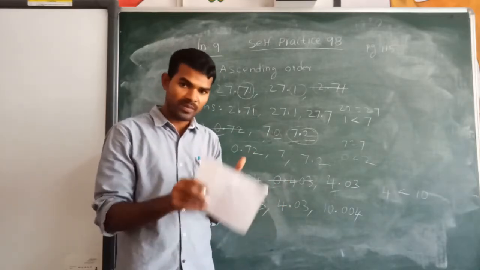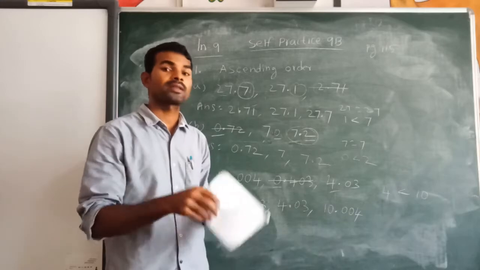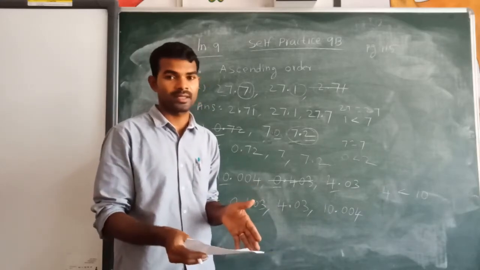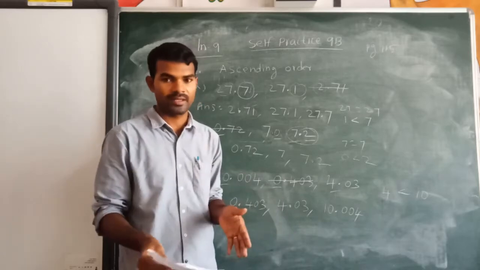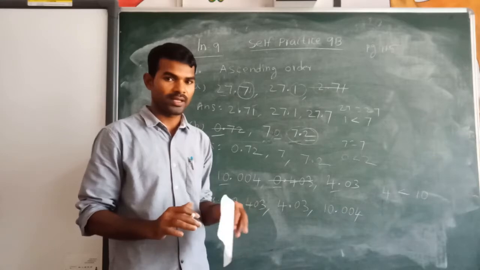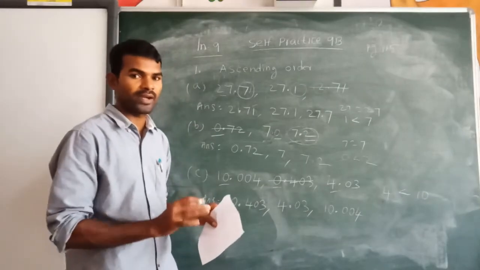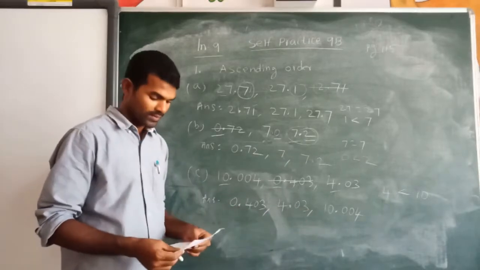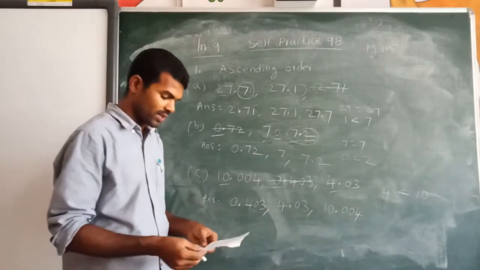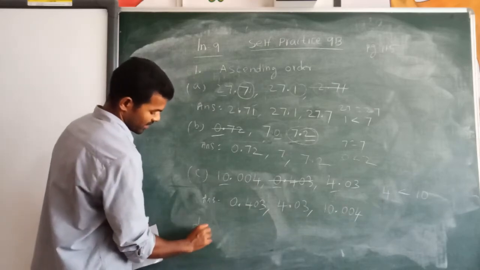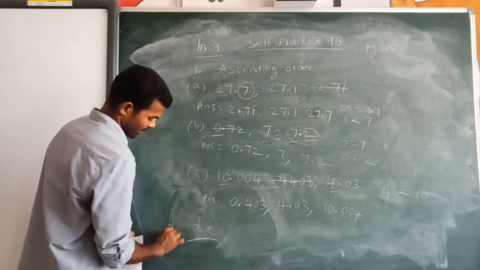Even if the first place is equal, then compare the second place, the hundredths place. See till where you get the difference, and from that you can identify which is small and which is big. Like this you can move on. The remaining questions, D and E, you can do by yourself.